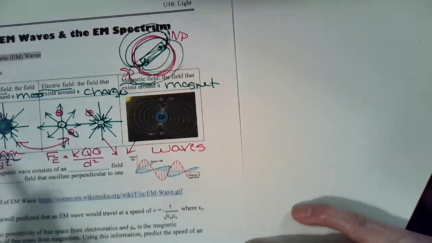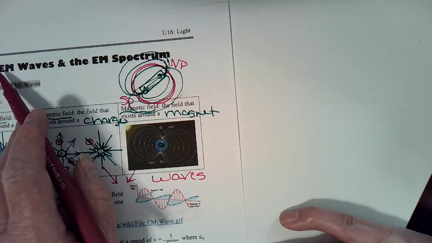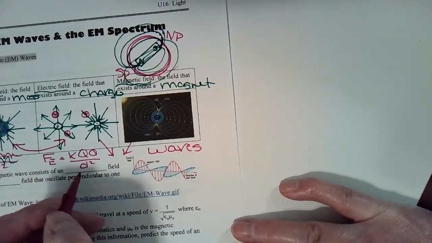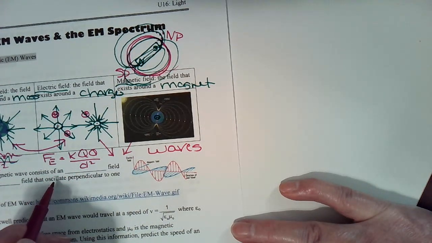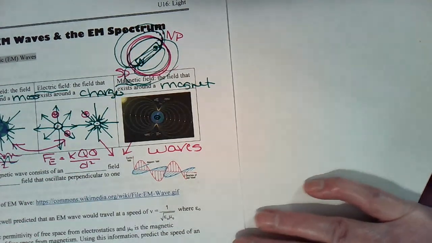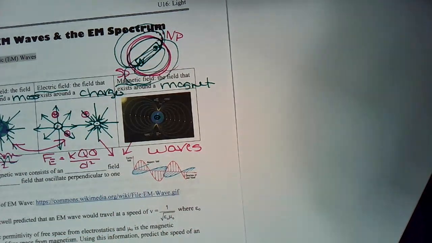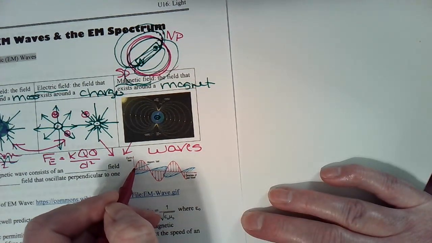But what we know as of now, number 2, is that all waves, electromagnetic waves, consist of an electric field and a magnetic field that oscillate perpendicular to one another. So in this picture here, it looks like this one that's going up and down.